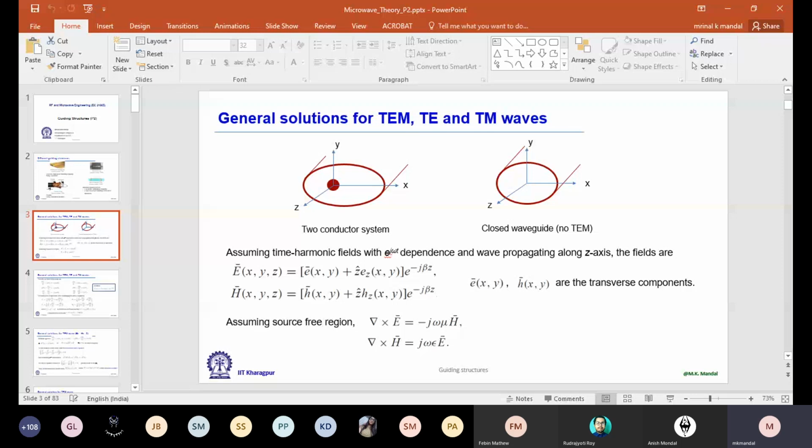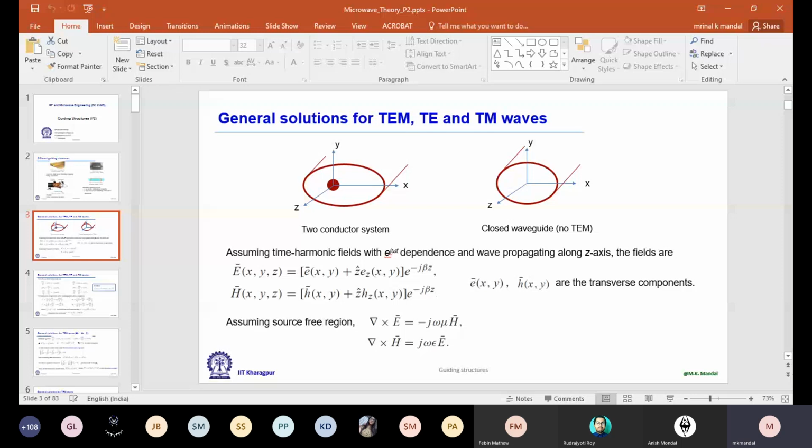In addition to this, we have a time dependent component which is represented by e to the power j omega t. So with time also, electric field and magnetic field are changing at a given point in space. But since e to the power j omega t is common to all of the terms, from this point onward, we are not writing e to the power j omega t.